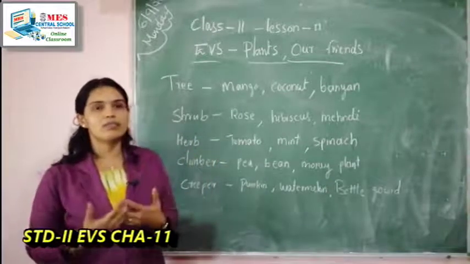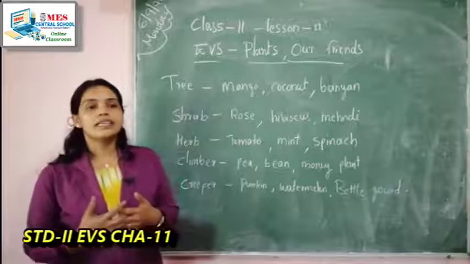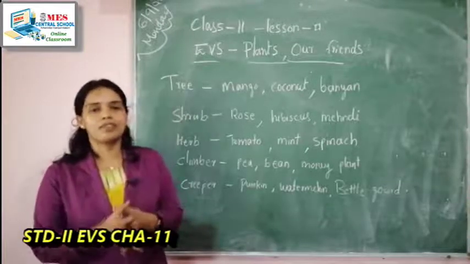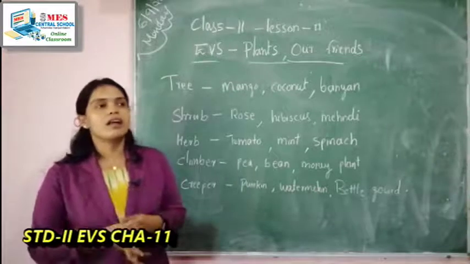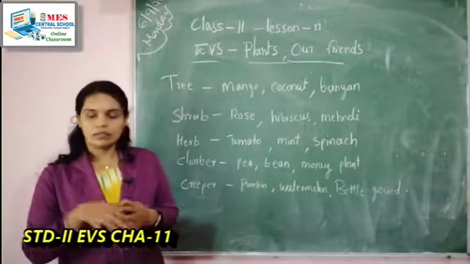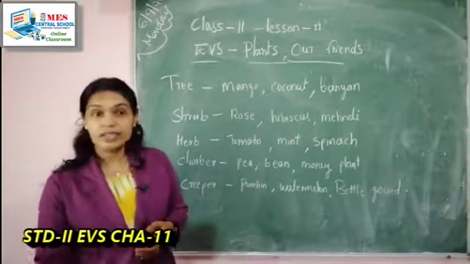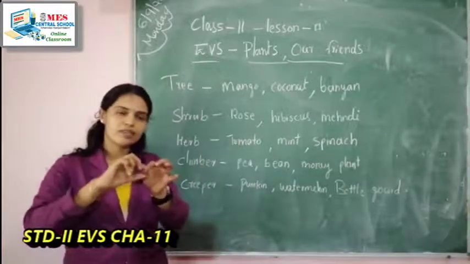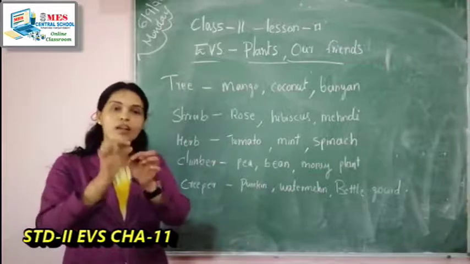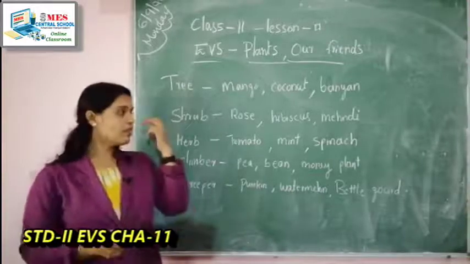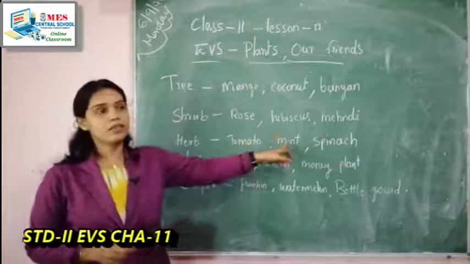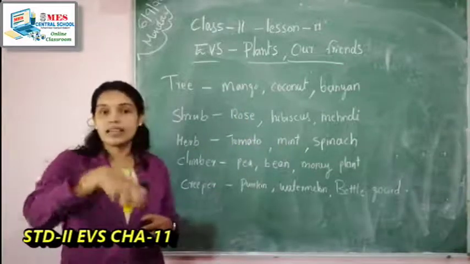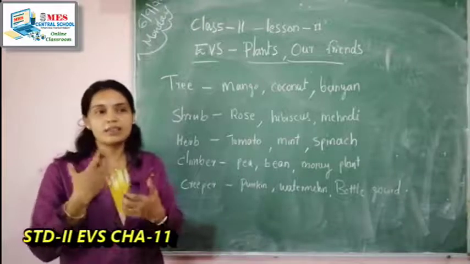The feature of herbs is that they have a very soft stem, and they are small. For example, the tomato plant's stem is very soft, we can cut it with our fingers. And mint, we add mint leaves in curry for good smell and taste.